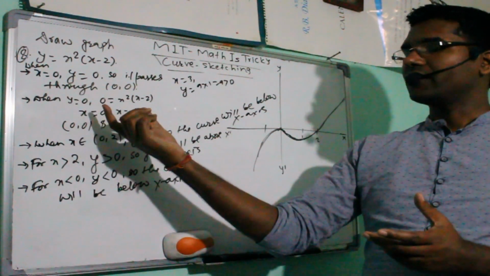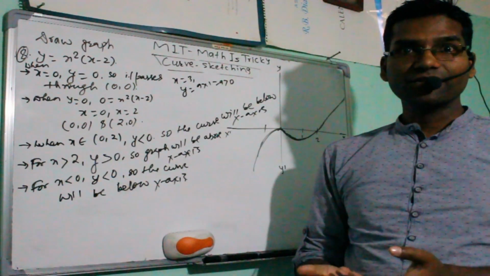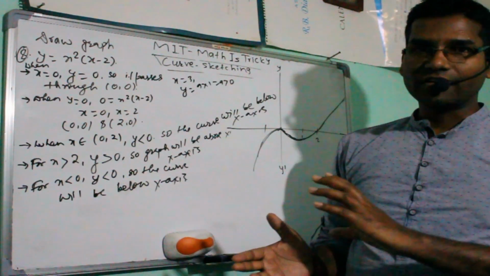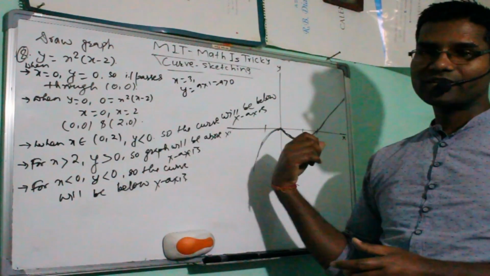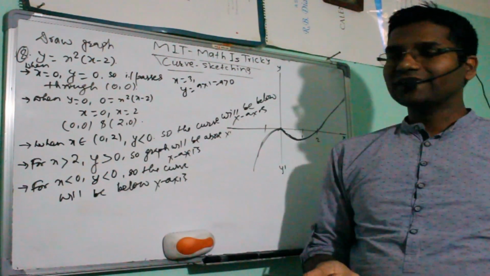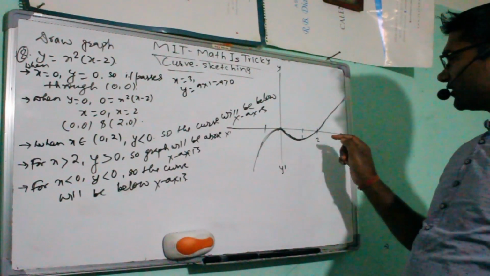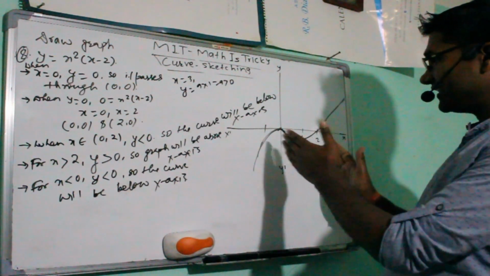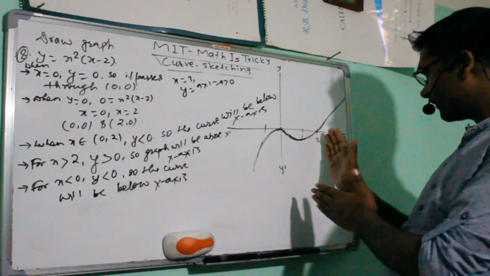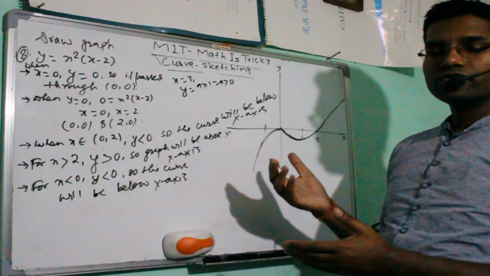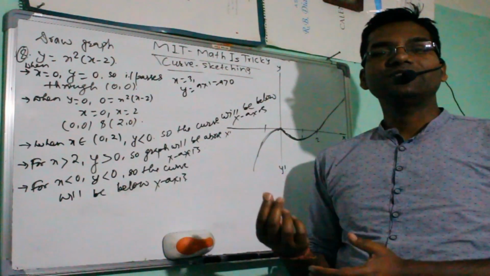Second, put the value of y as 0 and then find the possible values of x. In this case we got two values, 2 and 0, so it is passing through (0, 0) and (2, 0). After that you see what will happen when x is less than 0, for values greater than 2, and for values between 0 and 2.